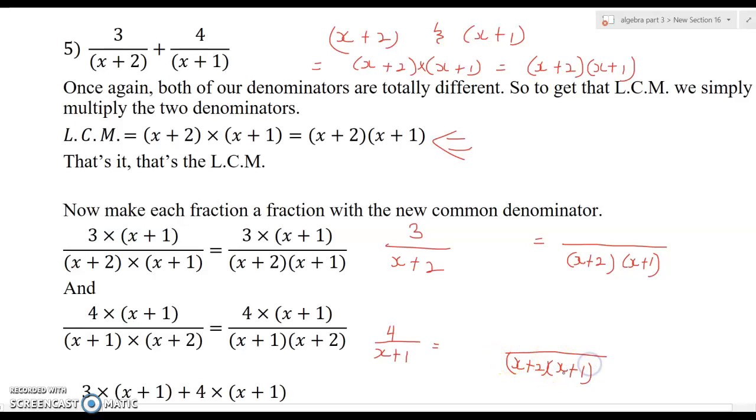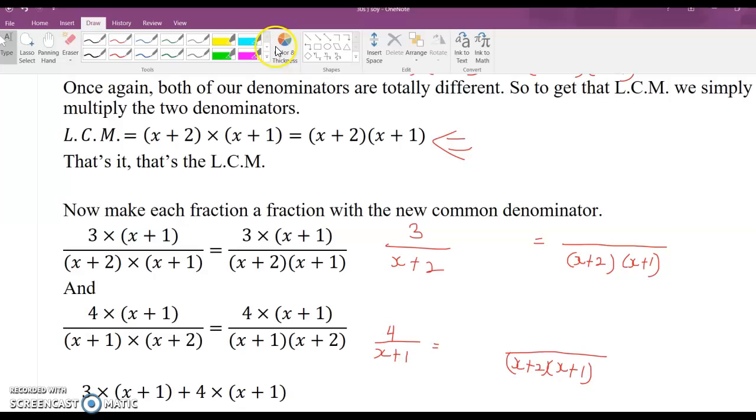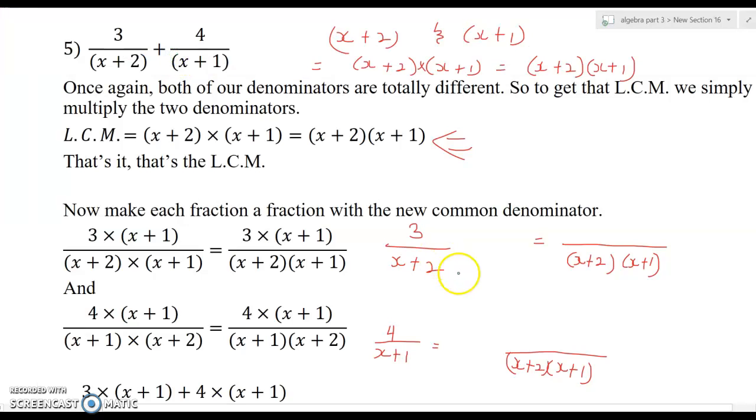Change the color again so we don't get too mixed up here. Alright, so now we have x plus 2 here. How are we getting this new denominator? Well, clearly we need to multiply. When we multiply by x plus 1, we get that new denominator.